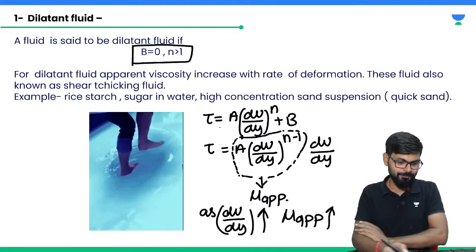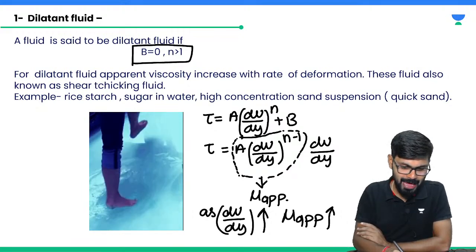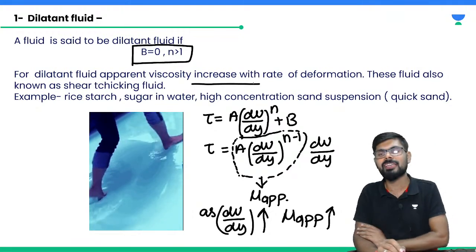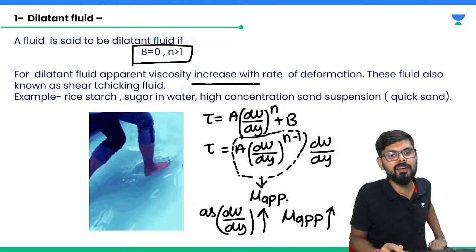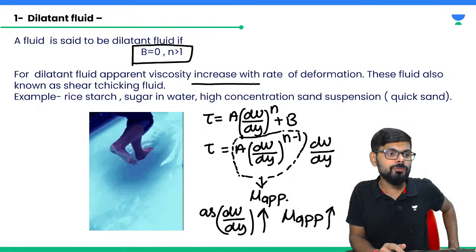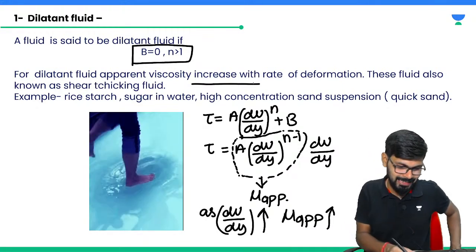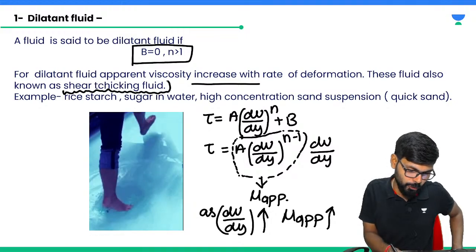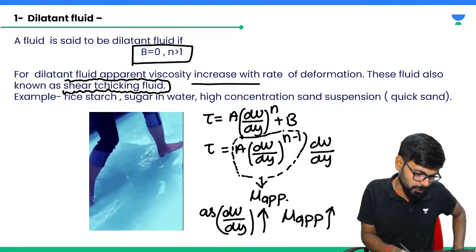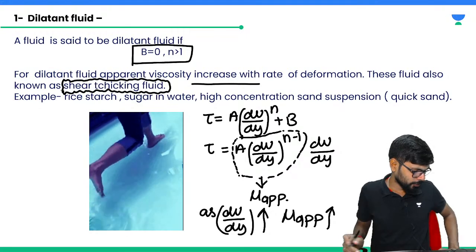So we can say that for dilatant fluid, apparent viscosity increases with the rate of deformation. These fluids are also known as shear thickening fluids. These fluids are known as what? Shear thickening fluids. Please listen here.